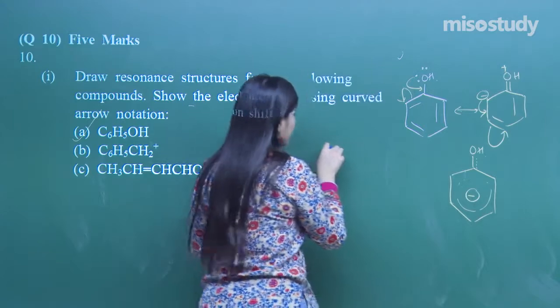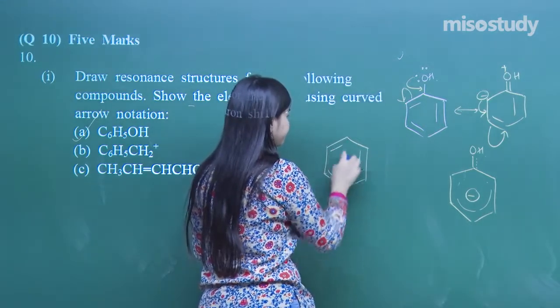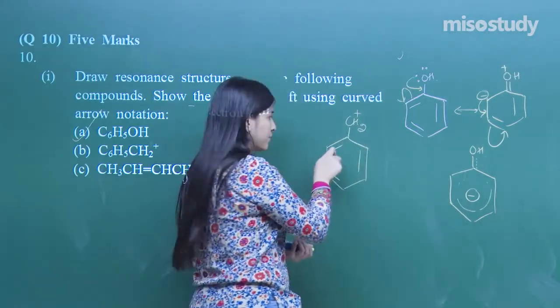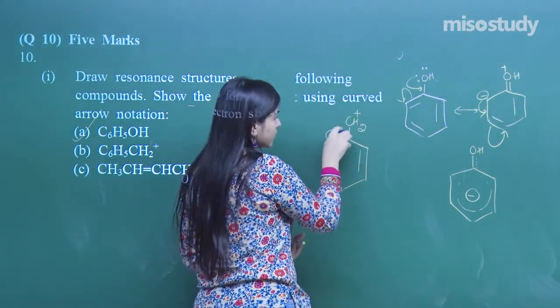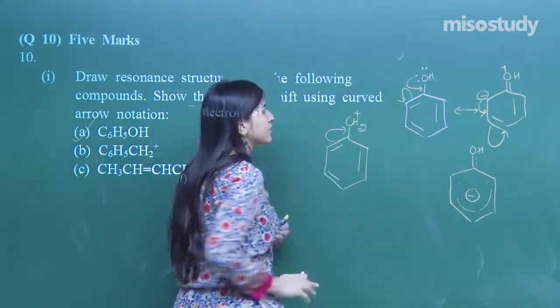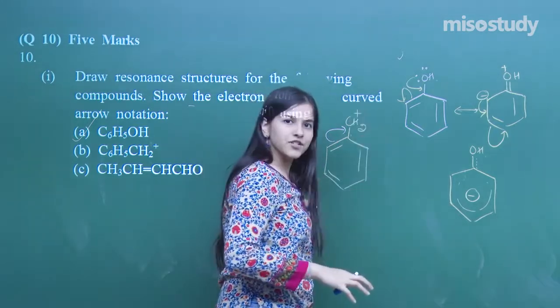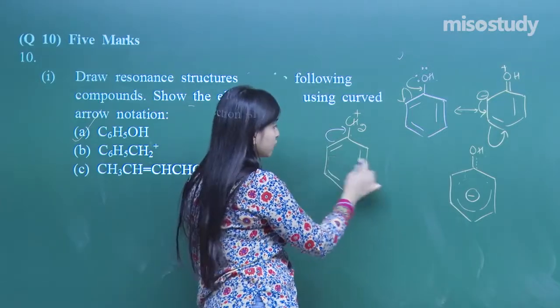Second one, C6H5CH2 positive. So it's a benzyl carbocation if you recognize. Double, single, positive, resonance condition fulfilled. Now it will be in the reverse direction because these electrons must neutralize this positive charge. So it will be jump on the floor, that's it. So what will happen?